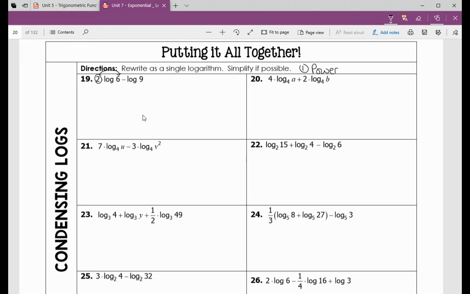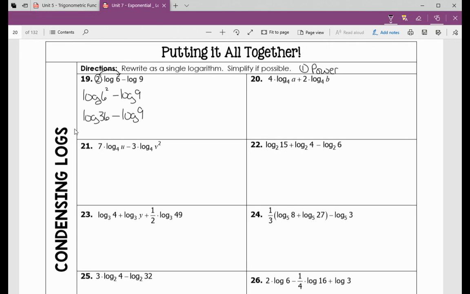So I'm going to use my power property. So that would be log of 6 squared minus log of 9. Well, I can actually simplify 6 squared. So that would be log of 36 minus log 9. 6 squared ends up being 36.